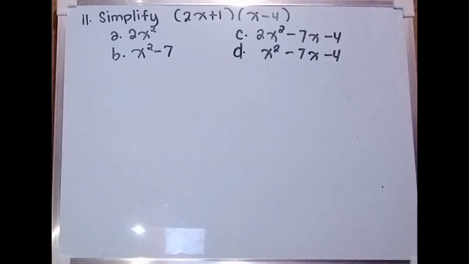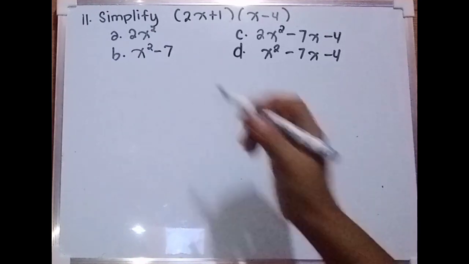In number 11, we are asked to simplify the expression (2x + 1)(x - 4).